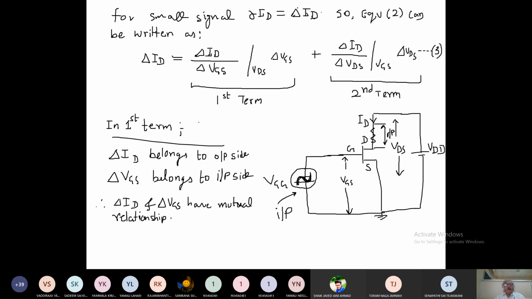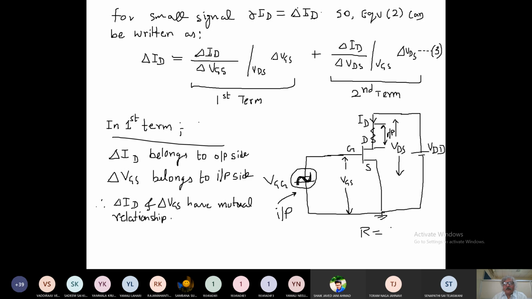Now you tell me, what is the dimension of delta ID by delta VGS? This is conductance, right? What is resistance?